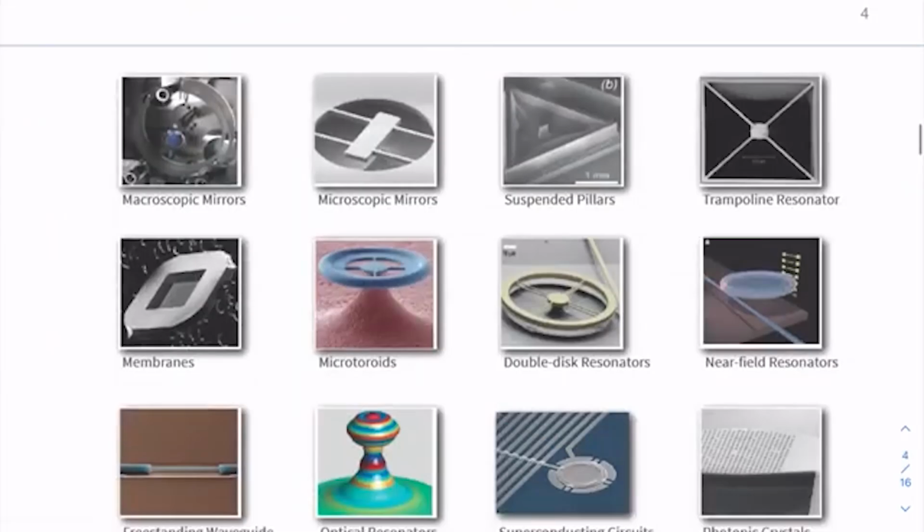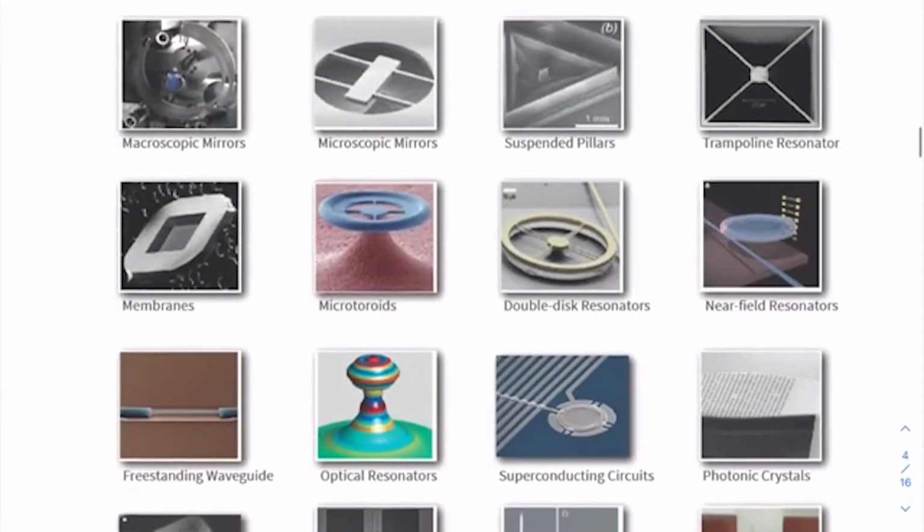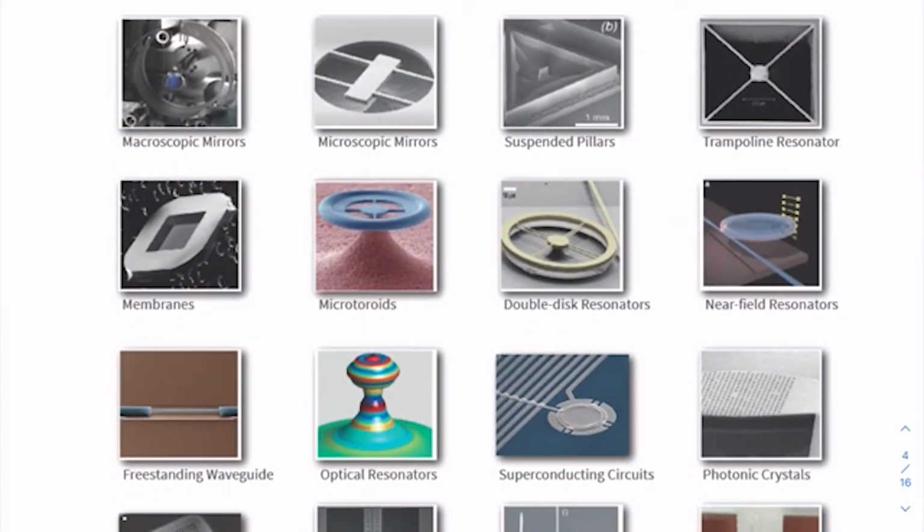Now today there is a variety of optomechanical systems, as illustrated in these photographs here. The mass of the systems ranges from gram to zeptogram. Zeptogram means very small, that is 10 to the power minus 21 gram. Systems like these are all optomechanical systems.